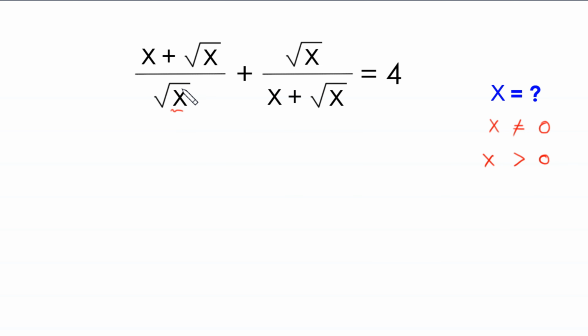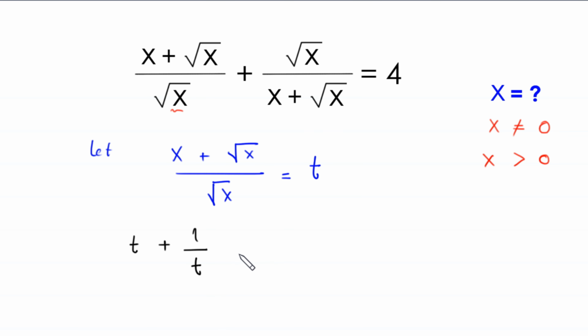Now we suppose that x plus root x divided by root x is equal to t. So this equation will become t plus, since this expression is the reciprocal of that expression, 1 over t is equal to 4.